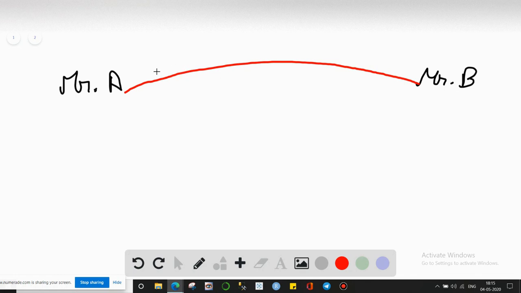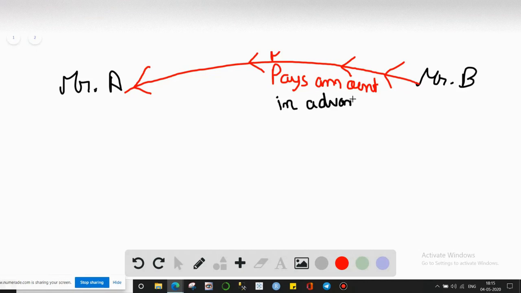Mr. B pays the amount in advance for the delivery of foods and beverages. Okay. Mr. B paid the amount in advance for delivery of goods and services.